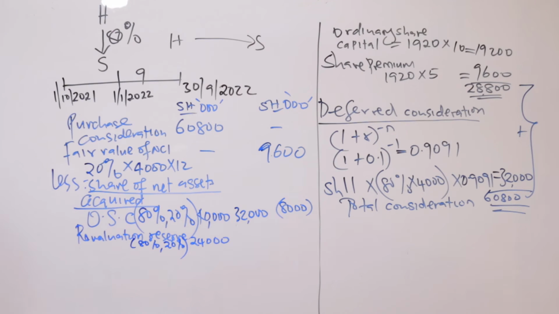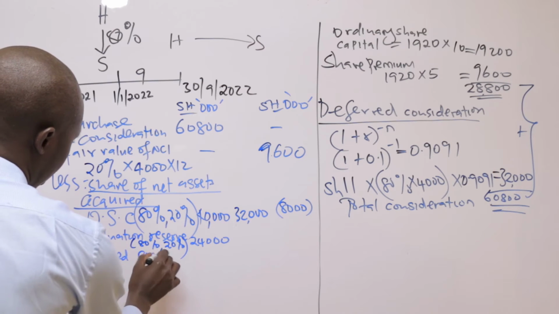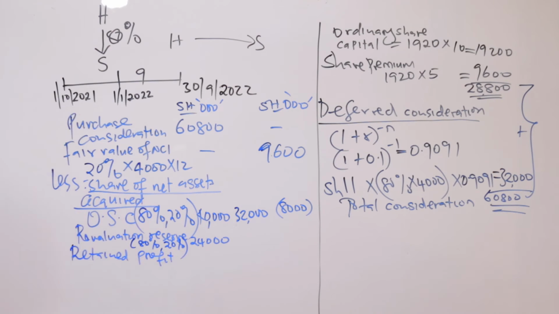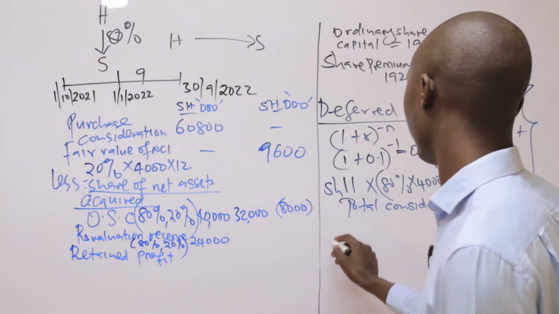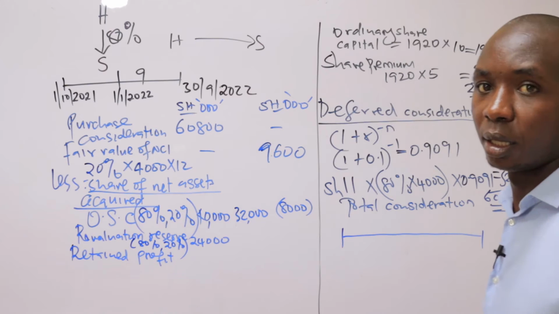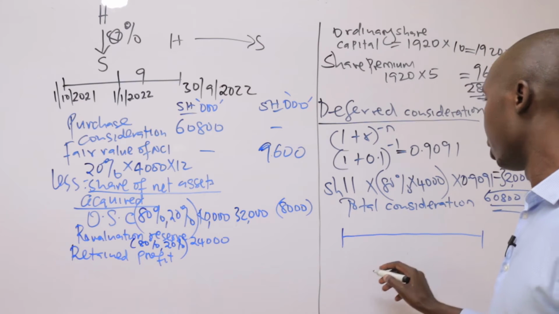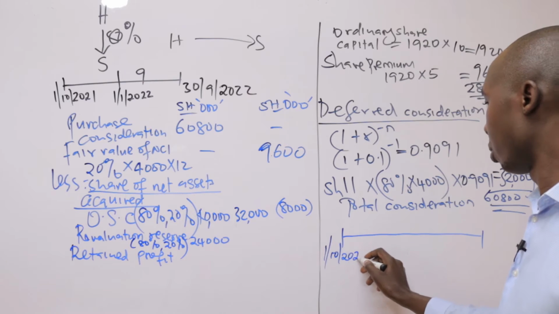Another one, which is the last one, is the retained profit. So retained profit is another one which has to be as at acquisition date. But what was provided here is not as at acquisition date, but you can get that value as at acquisition date, because we know our financial year starts on 1st October 2021.